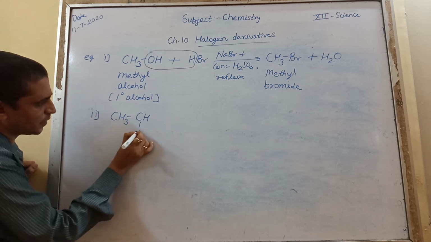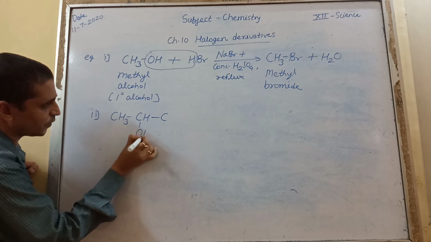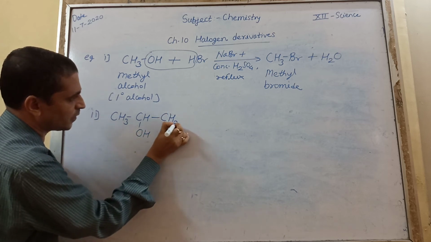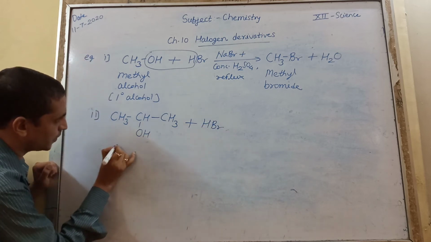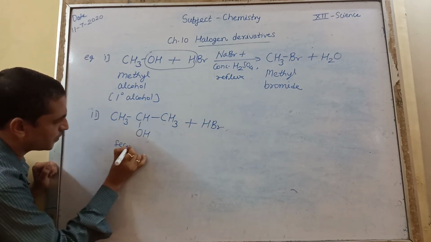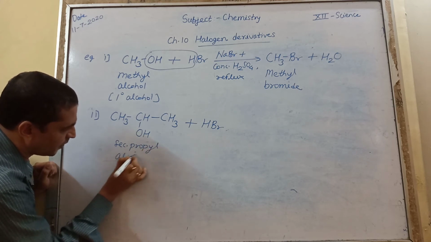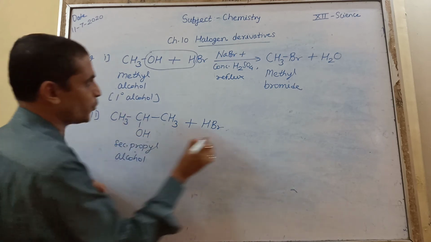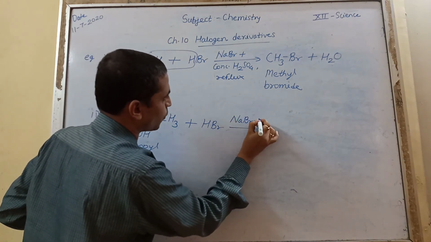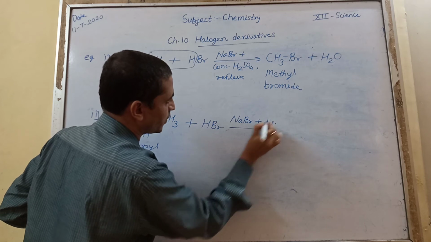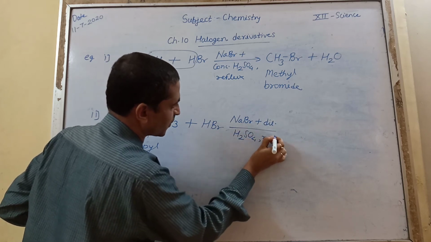Now come to the second example. CH3CH(OH)CH3 plus HBr. It is secondary propyl alcohol. Here we do not require concentrated sulfuric acid, we require dilute H2SO4 and reflux.